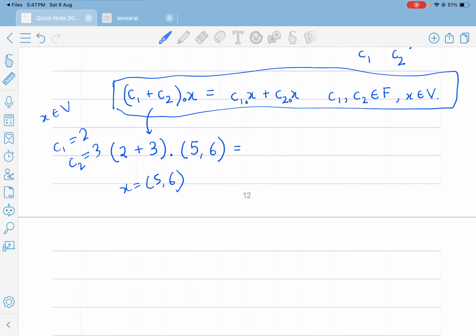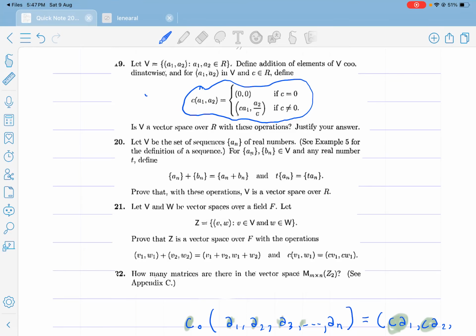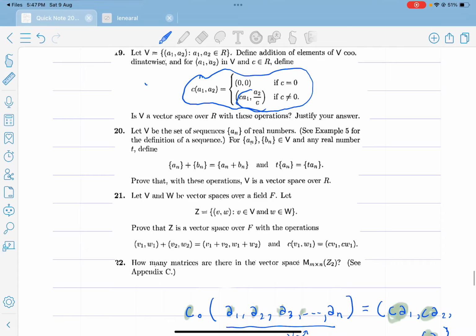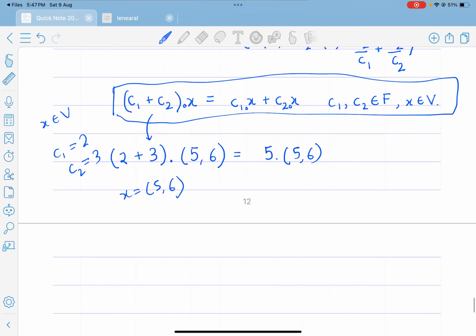So what will you get? You will get 5 dot (5, 6). And what is the definition here? This one is the definition. Multiply with 5 on this one will be 25 and this one will be 6 by 5.